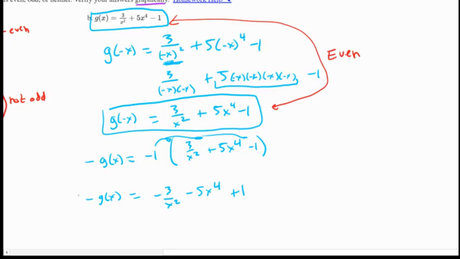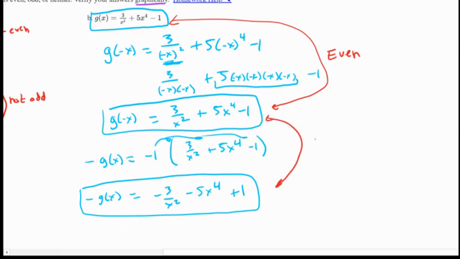Whenever we're trying to check even or odd, it can't be both. We're going to have one or the other, if it's a function at least. And we are going to say this is not odd because those are not the same. And so this second one here is even.